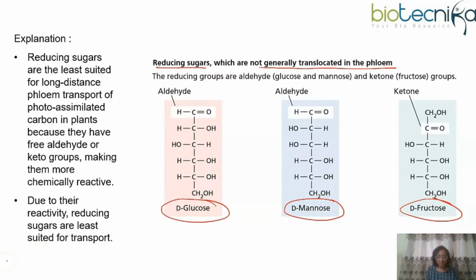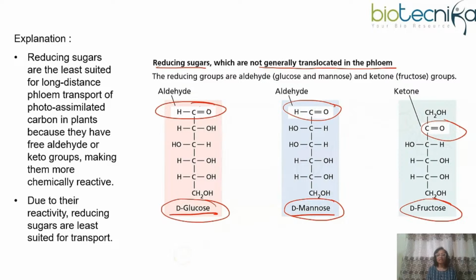These reducing sugars have a free aldehyde or ketone group. D-glucose has a free aldehyde group. Mannose also has a free aldehyde group. Fructose has a free ketone group.